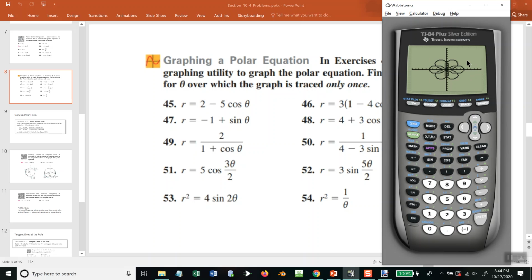But if it's 4 pi and there's 6 of them, if I take 4 pi divided by 6, 2 pi over 3. Let's try to change the window setting such that y max is 2 pi over 3. And graph. Nope, I didn't get the piece, did I? How about pi over 4 or pi over 2?